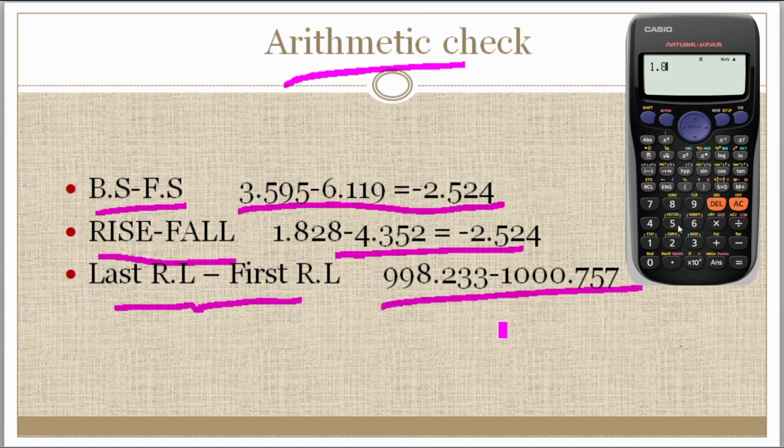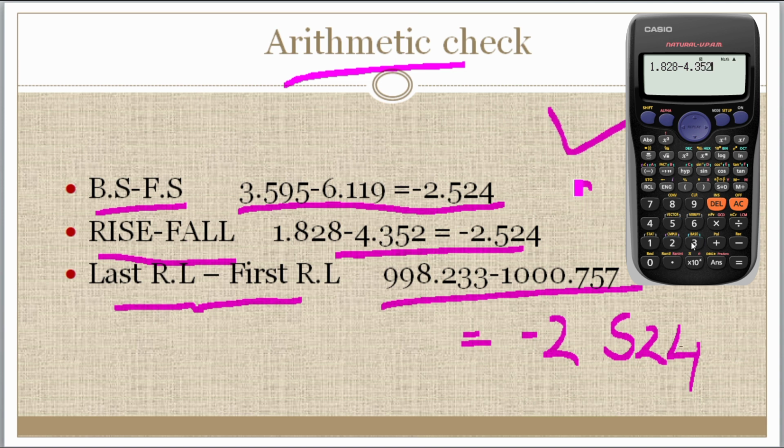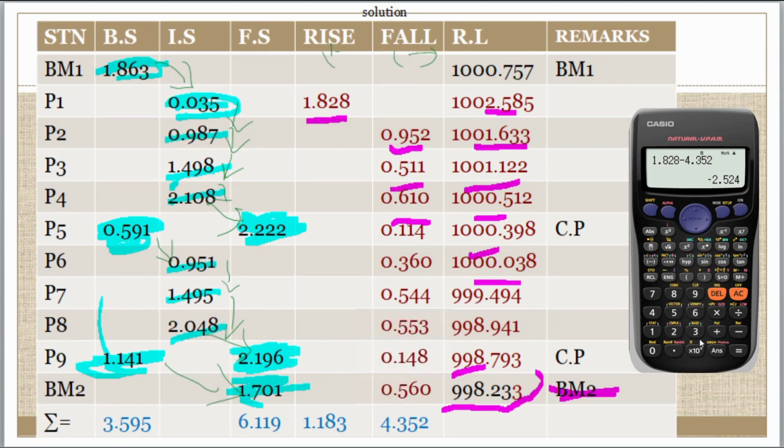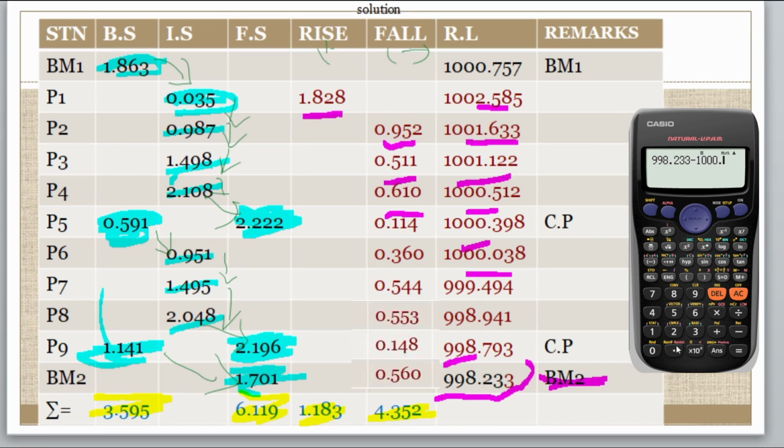By subtracting that, if all your answers are similar, that means you have arithmetically checked your summations as right. So these are the summations. I've illustrated them there. By doing that, you will have finished that question simply like that.